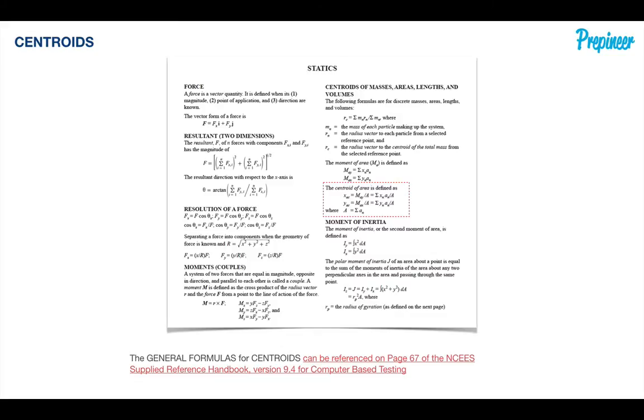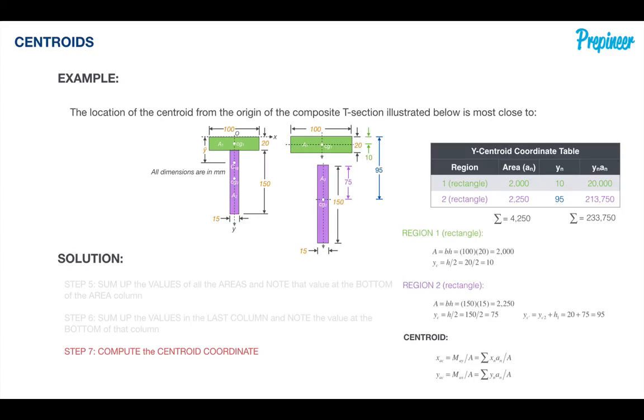If for whatever reason, come exam day, you fail to recall right off the top of your head what the formulas are, page 67 is going to identify them for you. So bringing those back over to the problem, I just wrote those down there in the bottom right corner. We know that we are only concerned right now with the y coordinate. We know that the x coordinate sits at 0, right in the middle of the object.